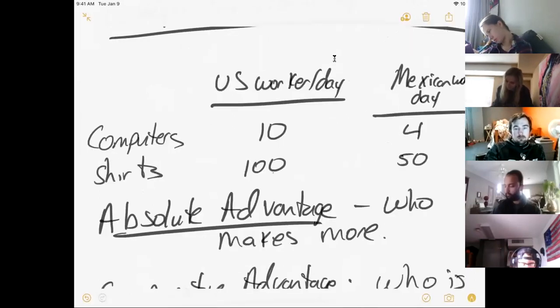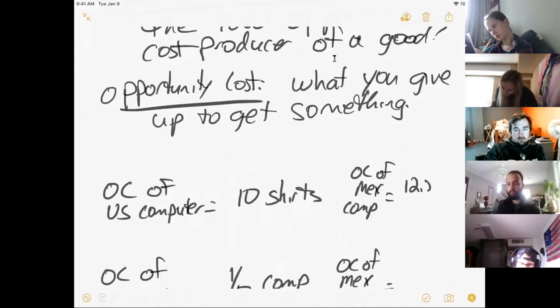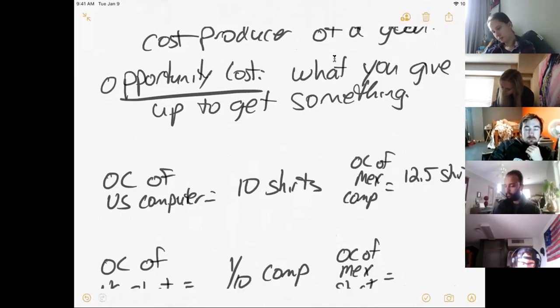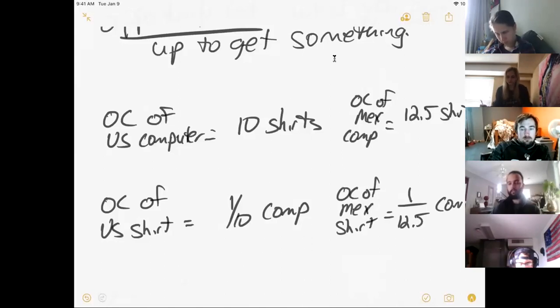Well, they give up 50 shirts for every 4 computers, or 12 and a half shirts per computer. What then is the opportunity cost of a Mexican shirt? Just the inverse of that, 1 over 12.5.